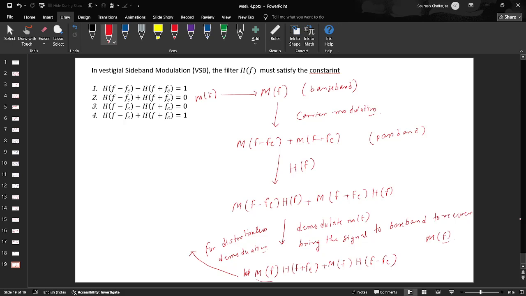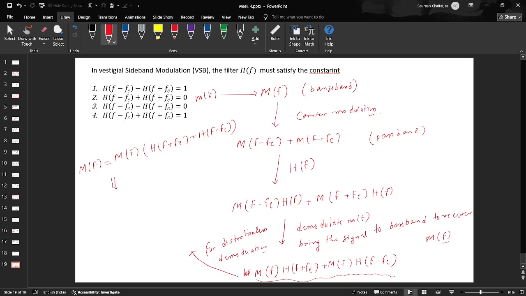We want the original spectrum M(f) to be the same as the baseband equivalent we get from this filtering, that is M(f) times [H(f+fc) plus H(f−fc)].